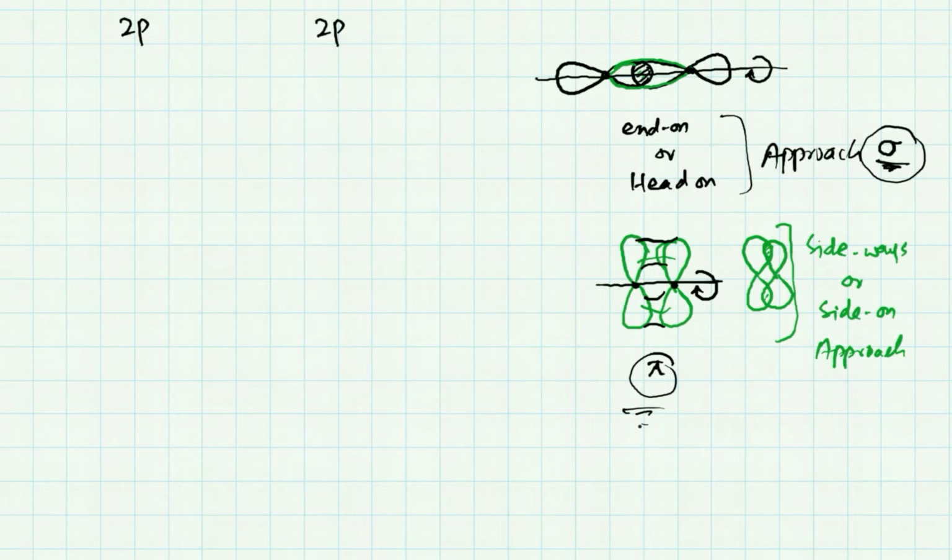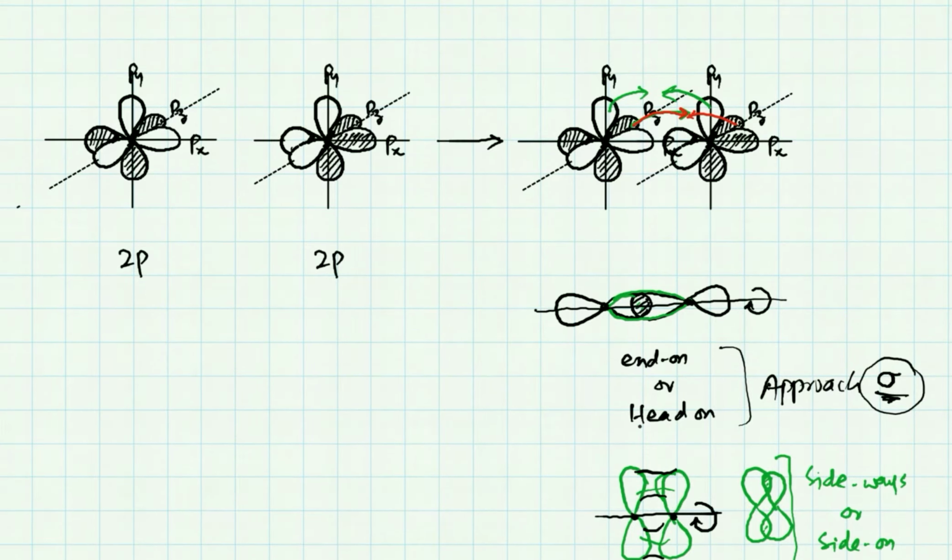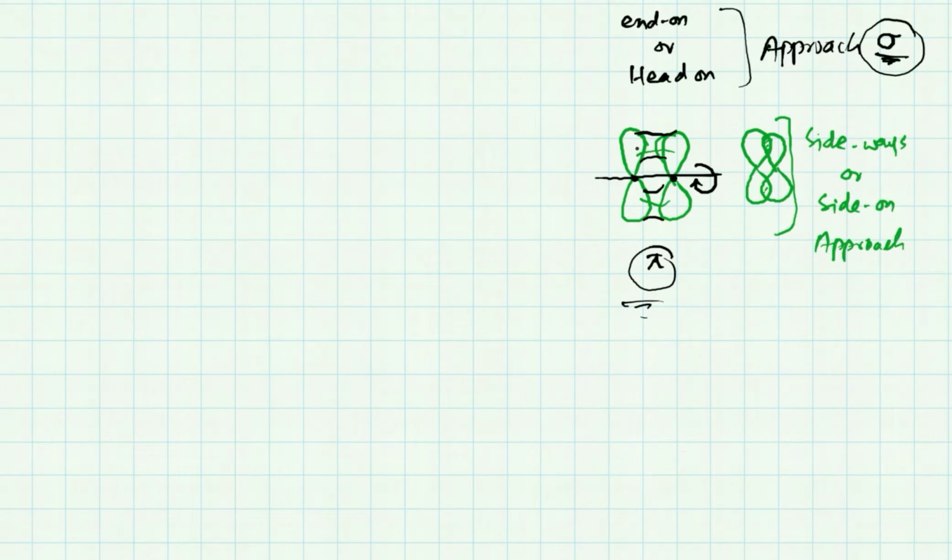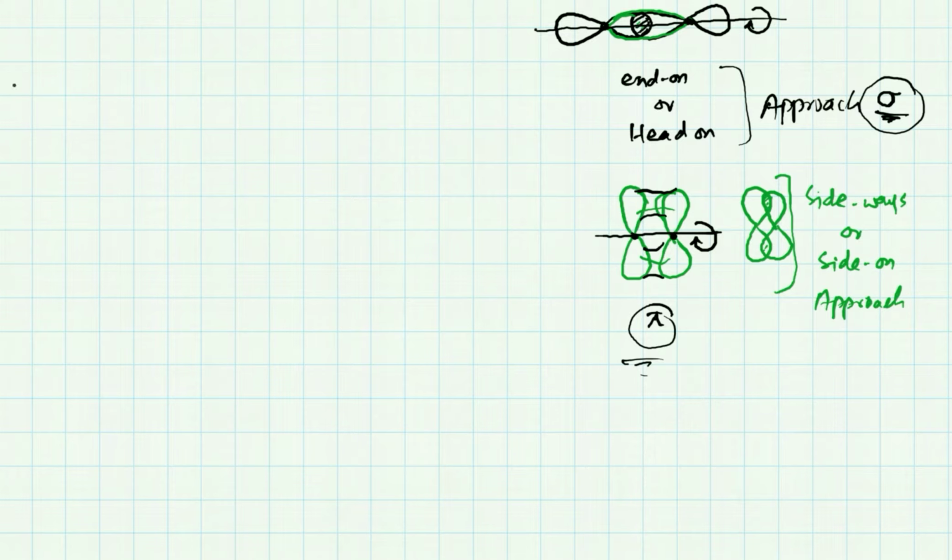Now we consider the molecular orbitals that will result from this combination separately by taking px, py and pz orbitals separately. Suppose first we look at the combination of px orbitals. This is one of the px.